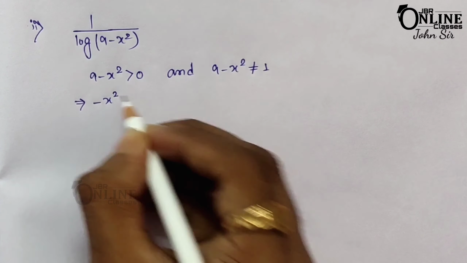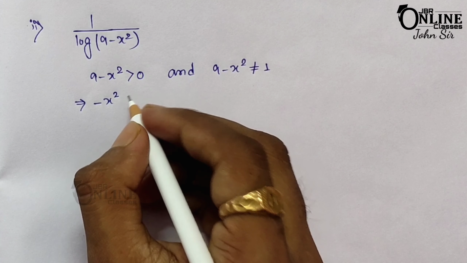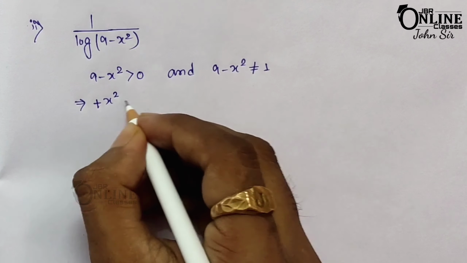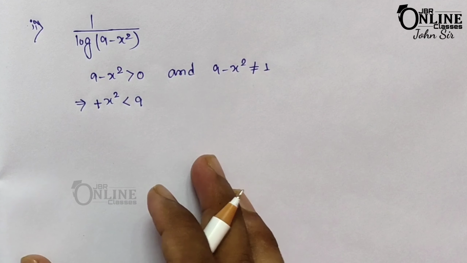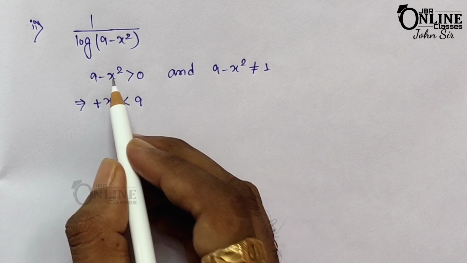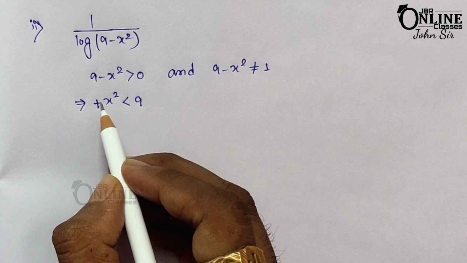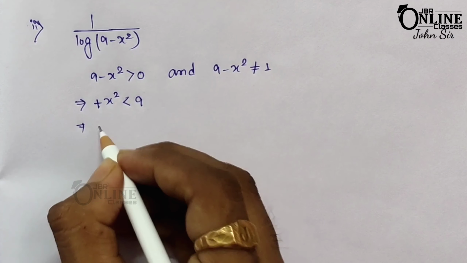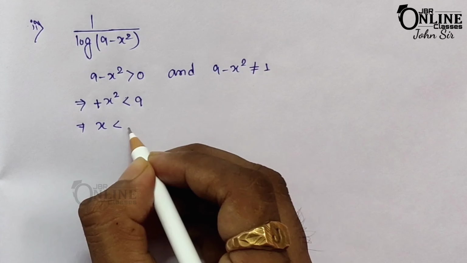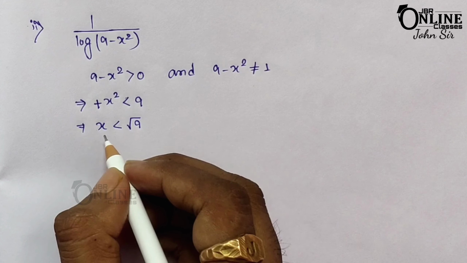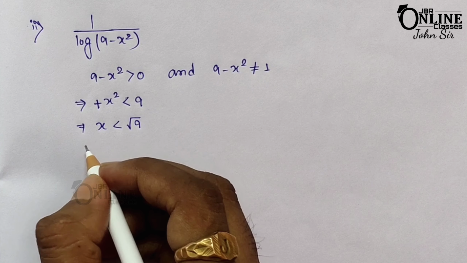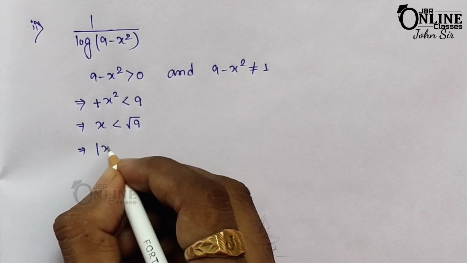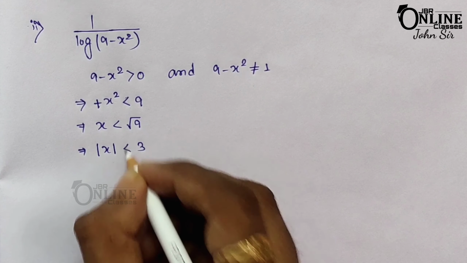From the first condition, 9 - x^2 greater than 0, definitely x^2 less than 9. So from that, x less than root 9, so mod x less than 3.